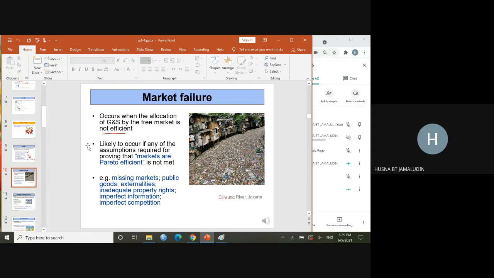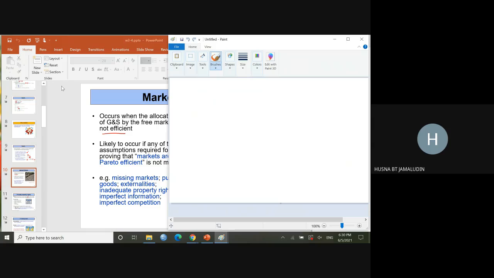Okay, maybe you didn't get my point. So let me write it here. Cars or vehicle. Don't you have cars? Yes, you do. So if you do have cars, definitely cars will emit some pollution, right?